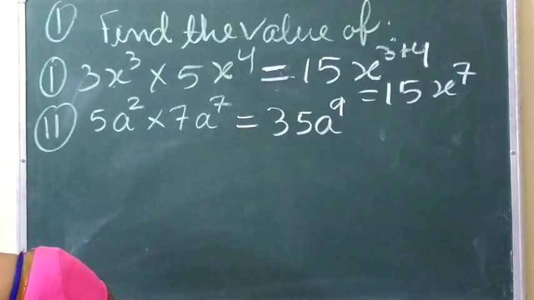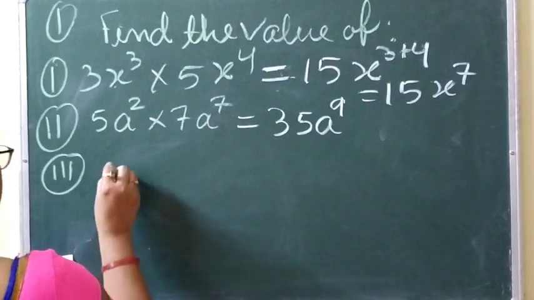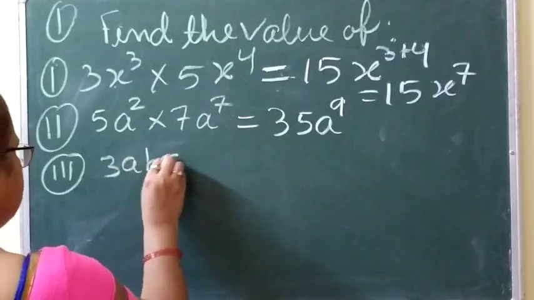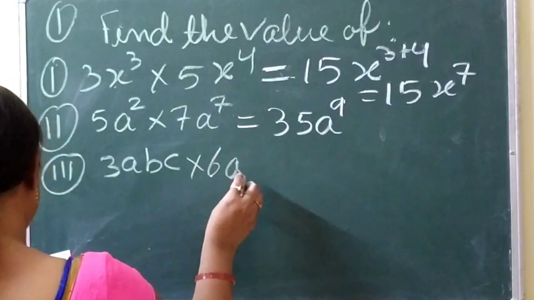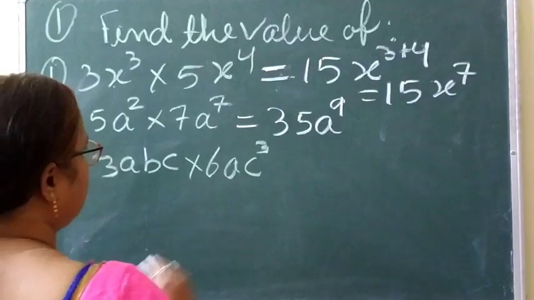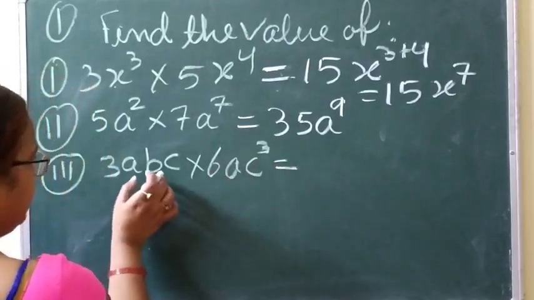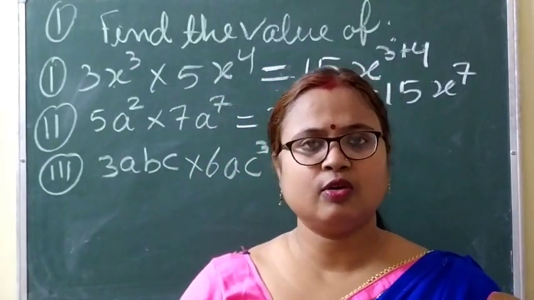The next question is 3abc into 6ac to the power 3. Here you can see the a and c are same, but b is not same.